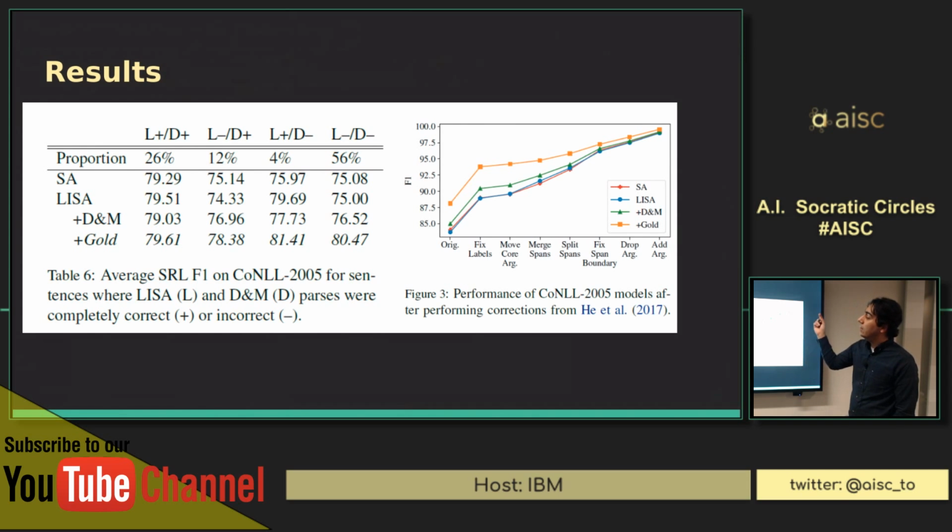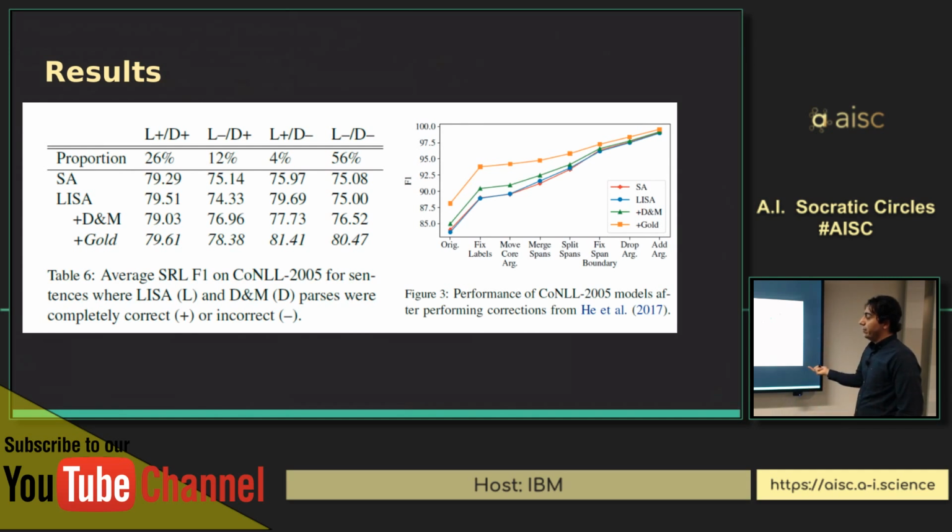The first column is where both did correctly, and let's see what the average F scores are. Where LISA did incorrectly and exclusively incorrectly, and DNM worked correctly, these are the average F scores. Vice versa in the third column, and none of them working correctly, these are the average F scores.